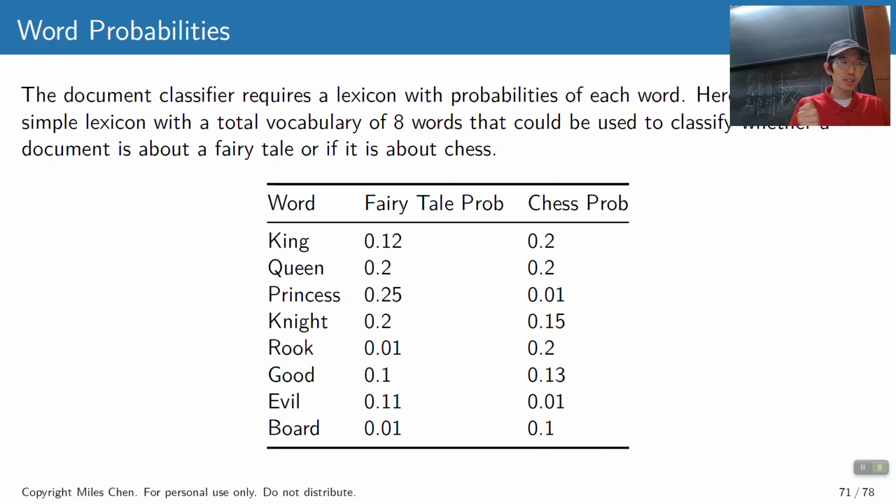And we're going to just say our documents will be either about fairy tales or about chess, the board game chess, okay? And we're going to have a very, very tiny vocabulary of just 8 words. Again, in reality, the lexicon probably has 50,000 words, maybe 100,000 words, thousands and thousands of words.